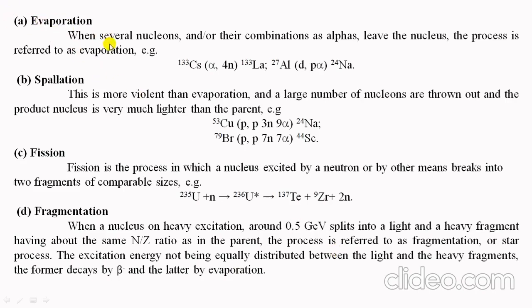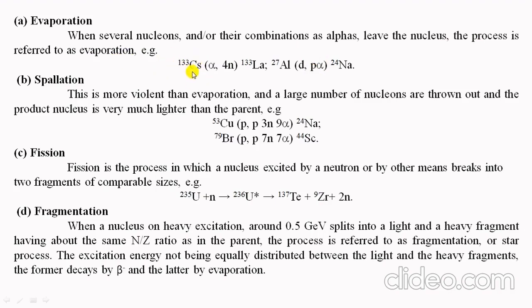In evaporation, when several nucleons or their combinations such as alphas leave the nucleus, the process is referred to as evaporation. So when the ejectiles are in large numbers, when several nucleons are emitted, such a process is called evaporation.